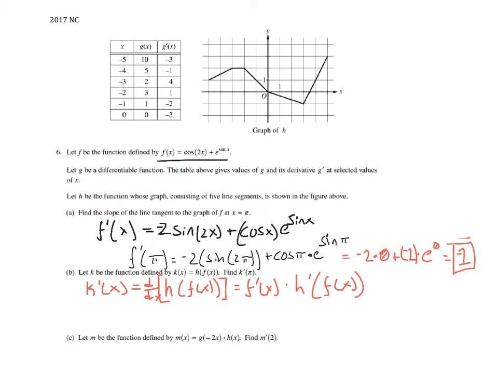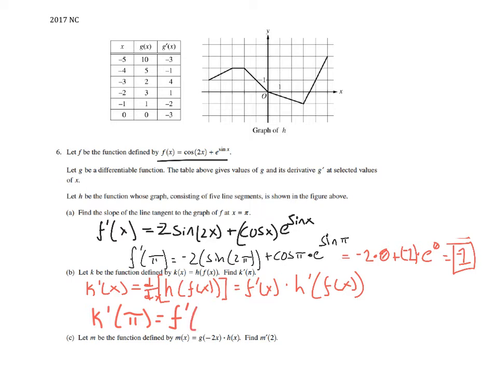You know what, we don't need to rewrite that out. Let's go ahead and substitute here. Let's put our value in. So what we're looking for is k prime of pi. And so all we're going to do is take this function here and write it out in terms of pi.